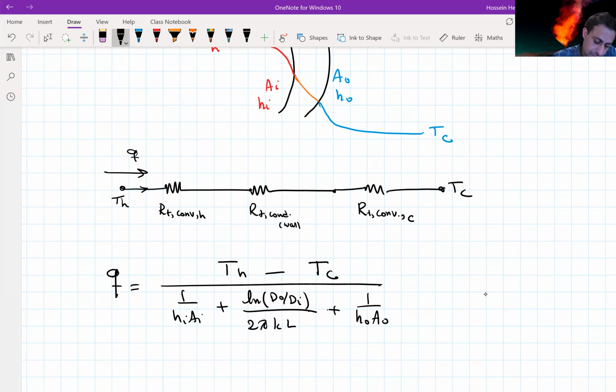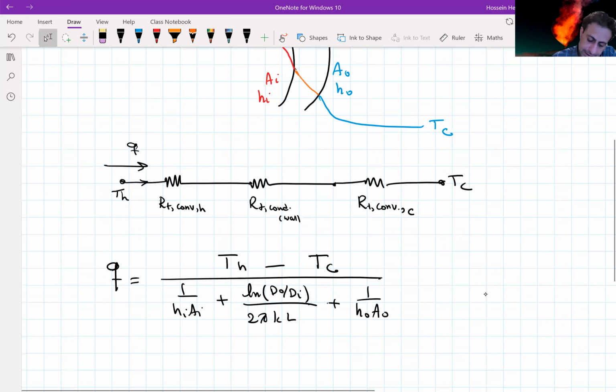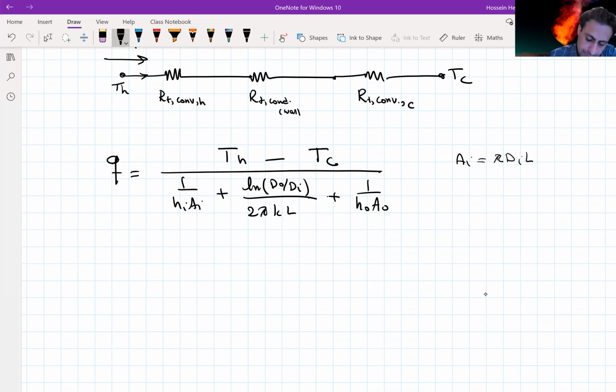Consider that I'm assuming the length of the exchanger is L here. If it's circular, Ai is going to be pi Di L, and Ao is going to be pi Do L.